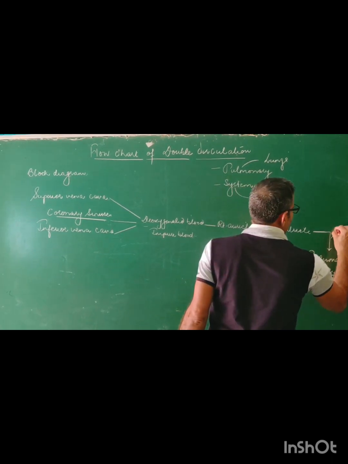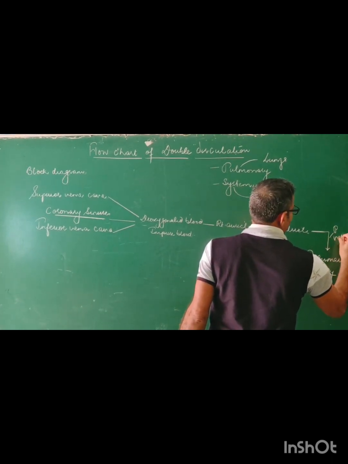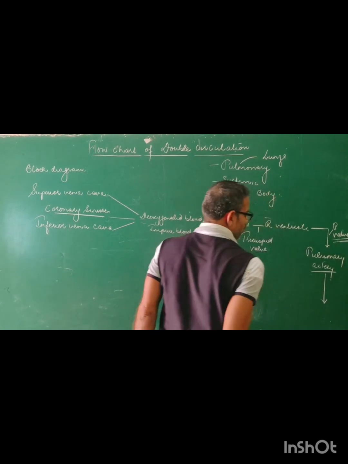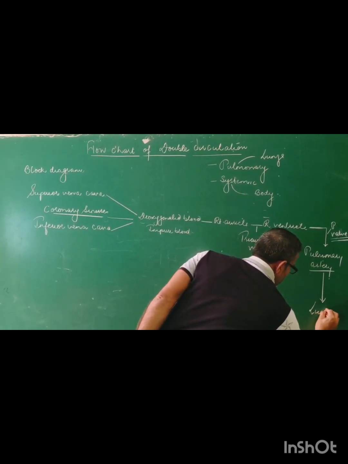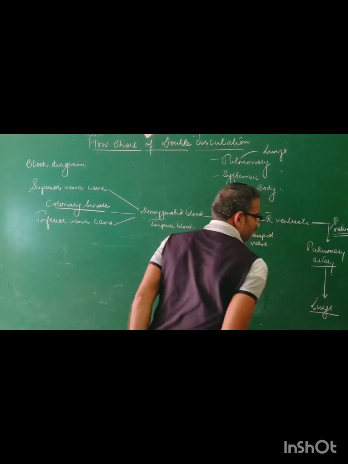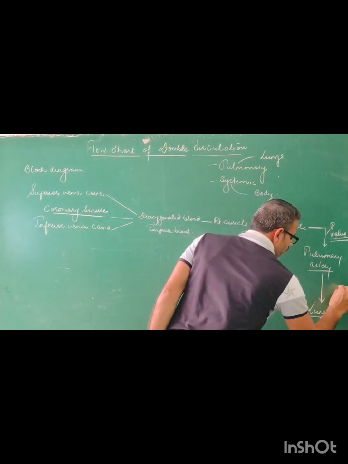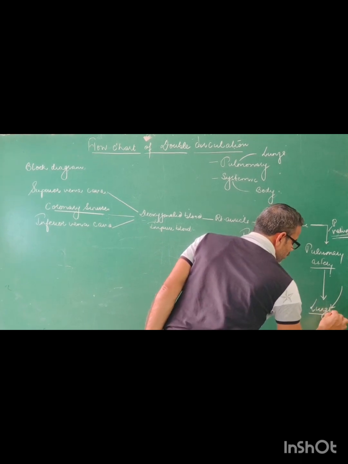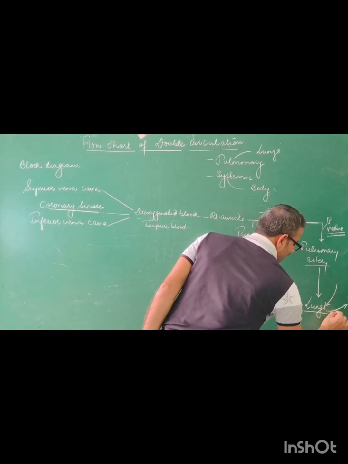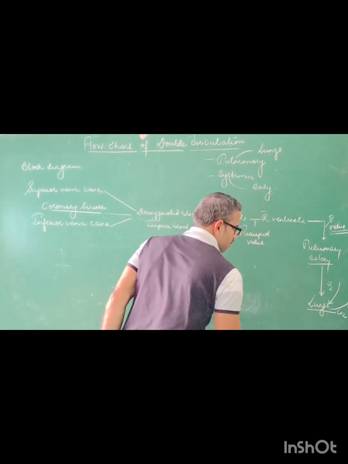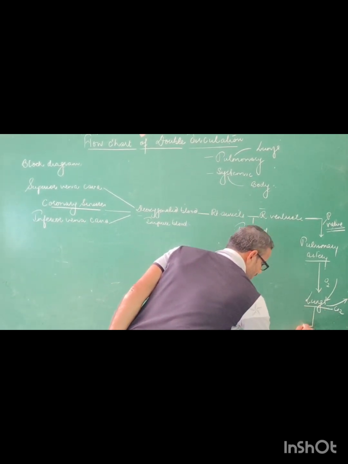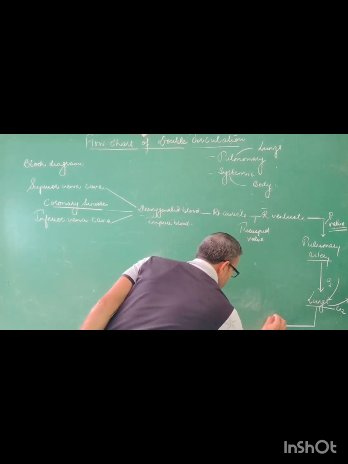After crossing the pulmonary valve, it supplies blood to the lungs. Here the blood gets purified. Why? Because in lungs, there is an exchange of gases. Carbon dioxide moves out and oxygen moves in. So after the blood gets purified, it enters through the pulmonary veins.